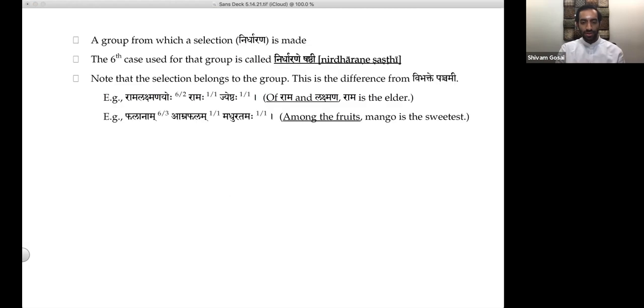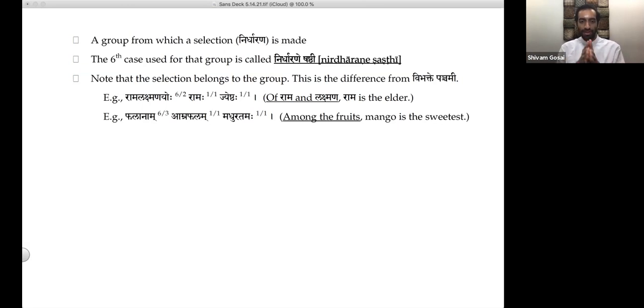Then we saw Nirdharane Shashti. Nirdharane Shashti is when there's a group, and within that group, a selection is made.